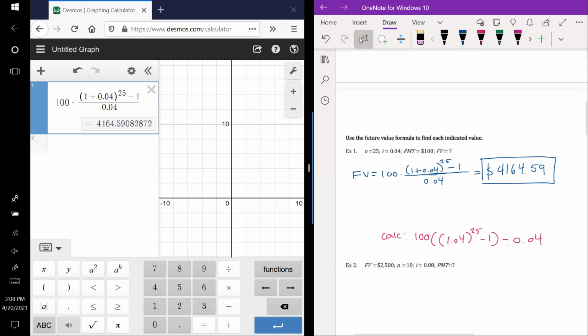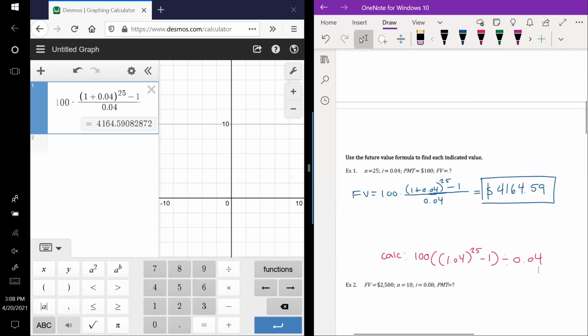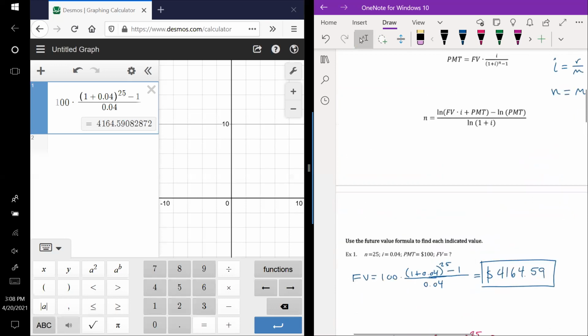All right. Now, number 2. Future value is 2,500, N is 10, I is 0.08. Find the payment. So now we're going to use the payment formula above.